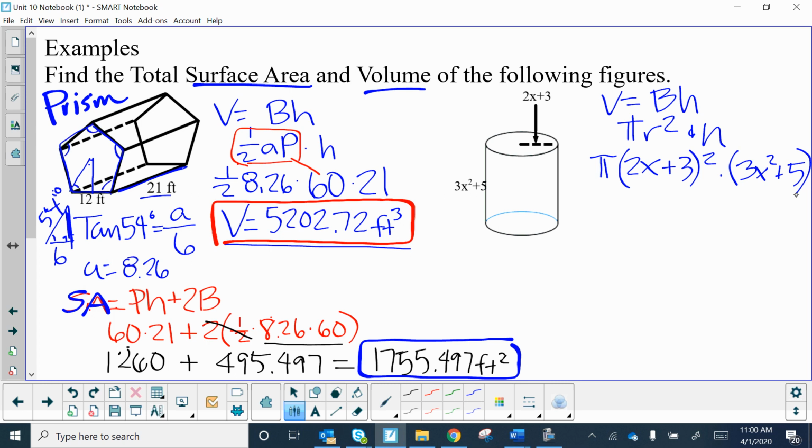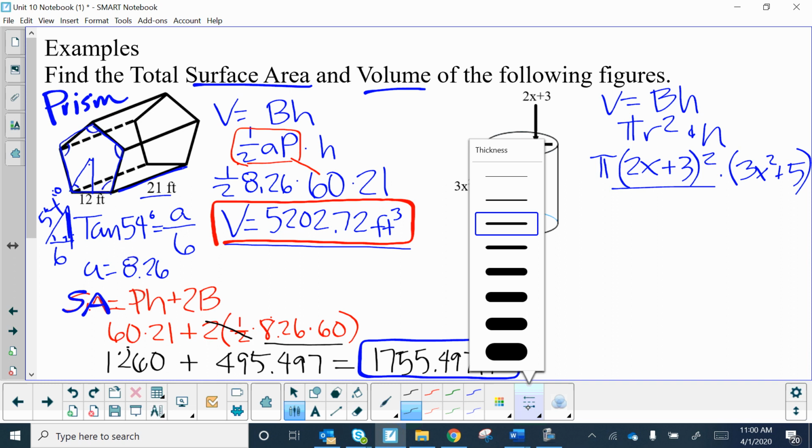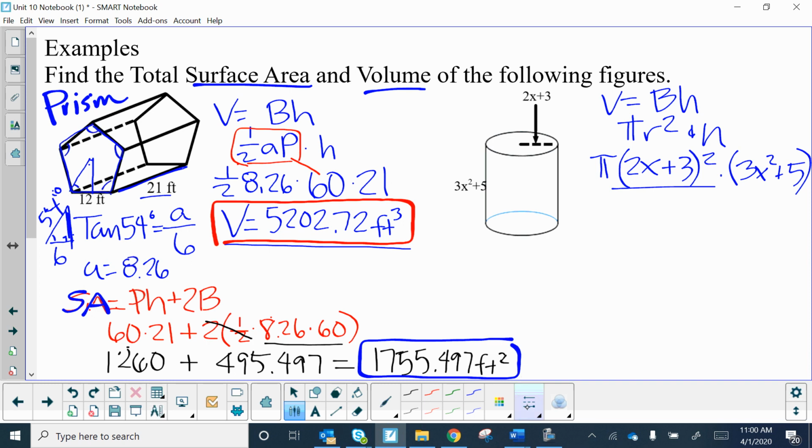Okay, so doing this squared right here, (2x plus 3) squared, is like doing the FOIL method. So I'm going to come up to the top over here, and I'm going to FOIL out 2x plus 3 times 2x plus 3. If you like the box method, you can do the box method as well. Okay, so the first terms, 2x times 2x is 4x squared.